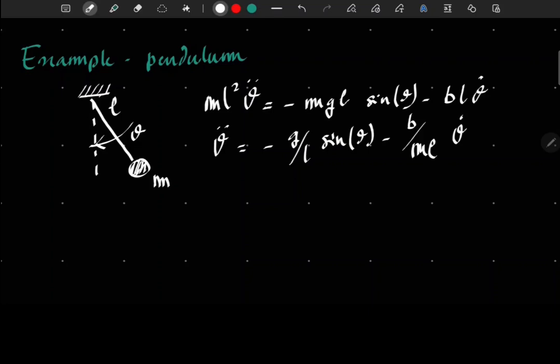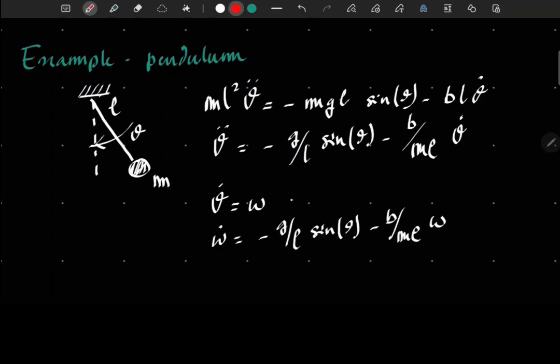So the system will become theta dot equals omega, and omega dot is minus g over L the sine of theta minus b over m L omega itself. Now the equilibrium points for the system require that omega is 0, of course, and that theta, once this term disappears, is equal to a multiple of pi, k pi, with k an integer number.